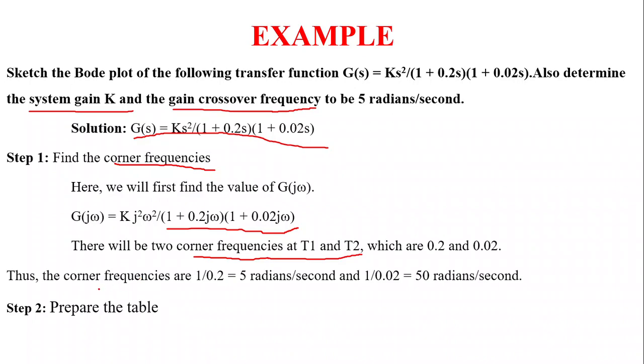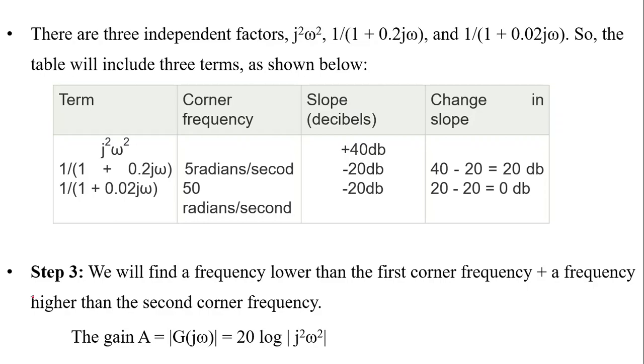After we find the corner frequencies, we have to prepare the table for the different corner frequencies. In the given transfer function, we have three independent factors. The first one is j squared omega squared, and in the denominator we have 1 plus 0.2 j omega and then 1 plus 0.02 j omega.